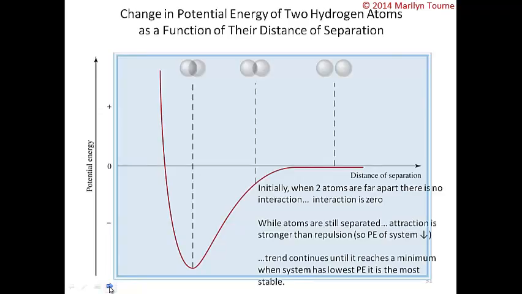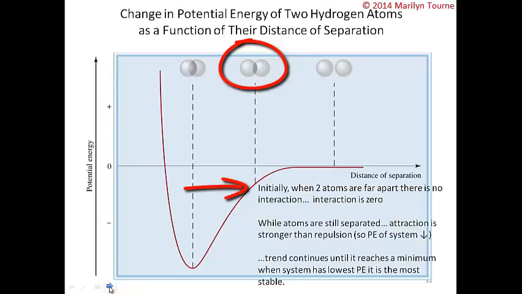And here is a graph showing what's going on. Initially, when the two atoms are far apart, there's no interaction whatsoever, so the potential energy is basically zero. As the atoms approach one another, each electron is attracted by the nucleus of the other atom. At the same time, the electrons are still repelling each other.